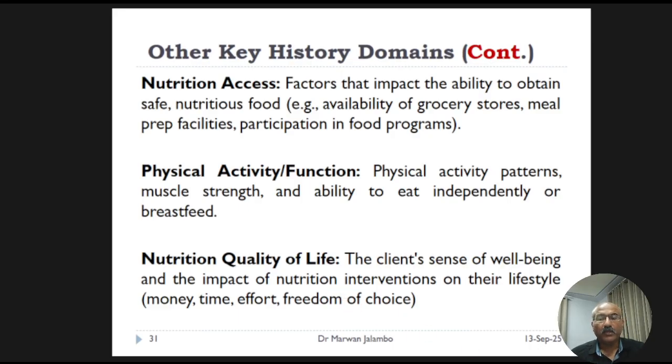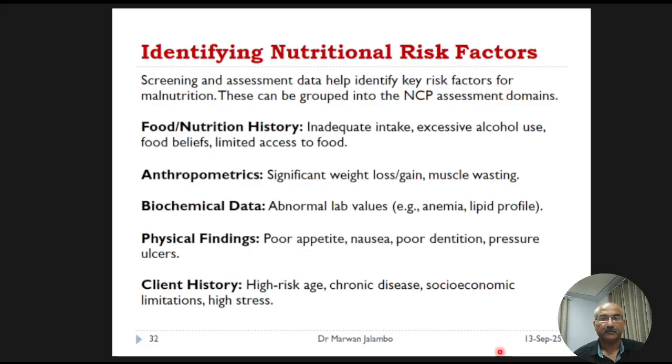So, when we put all this information together, what are the red flags we're looking for? This slide summarizes many of the key nutritional risk factors we might uncover during the comprehensive assessment, organized by the 5 assessment domains.